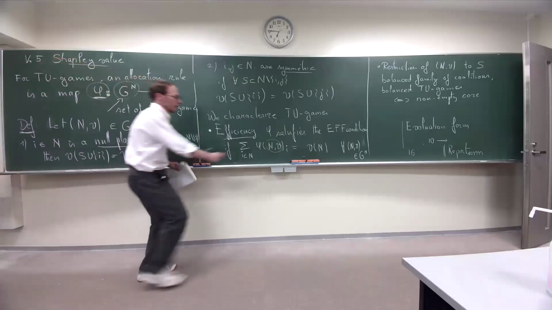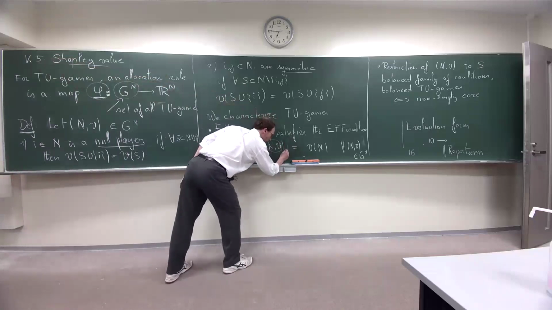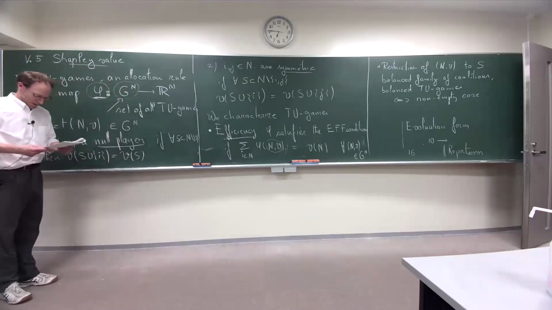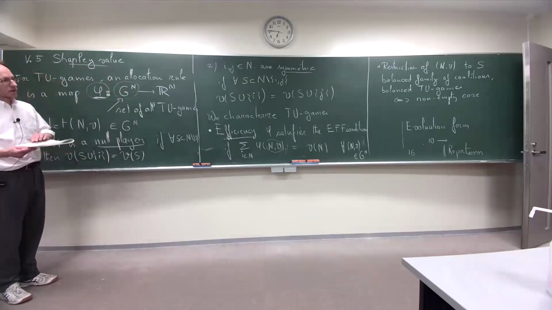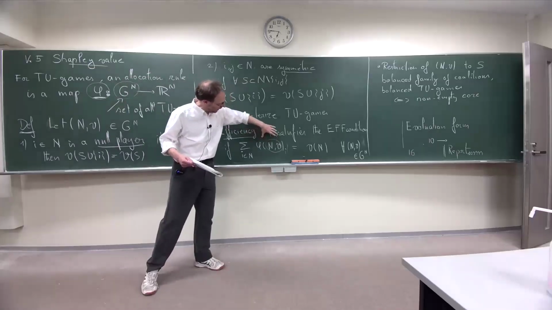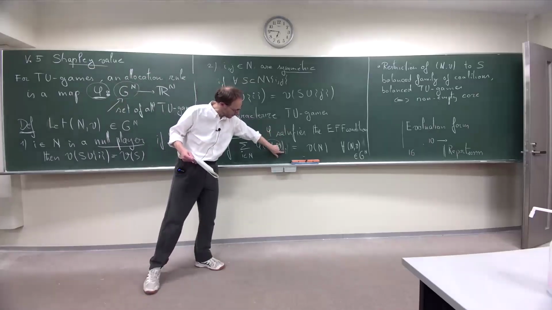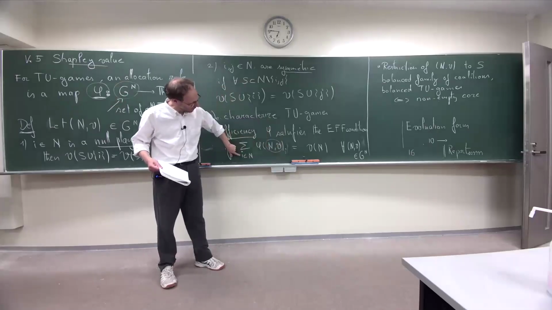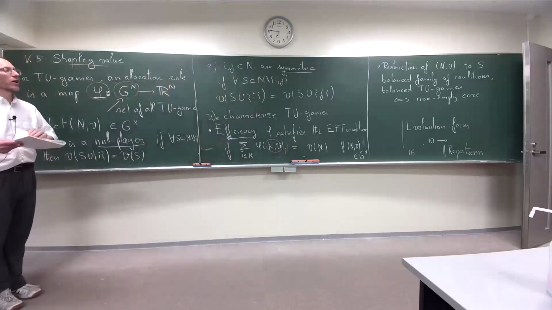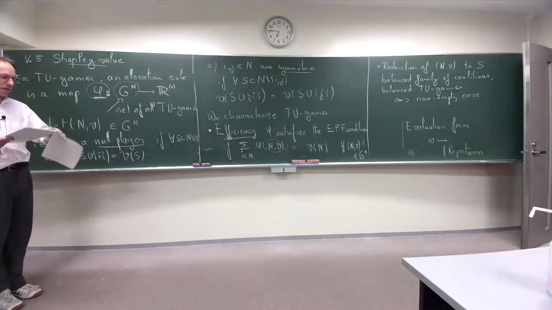This is an index i. If you have any question, you interrupt me. Again, this is a game. I take phi, I get a vector. I sum up the contributions of all entries of this vector, and I should obtain v of N. This is called efficient.